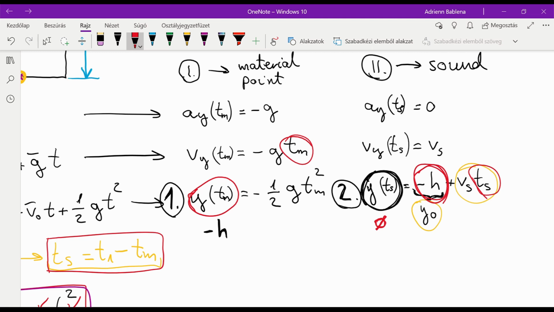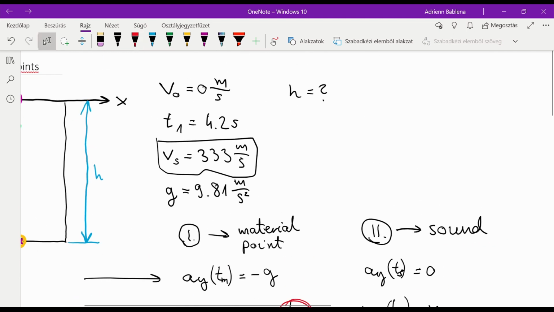So Tm is the time from our initial point, from where we dropped the material point, until the material point reaches the bottom. Ts is from the bottom to top when we hear the sound. And our initial parameter was the sum.